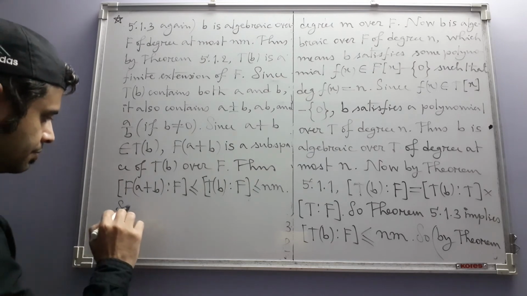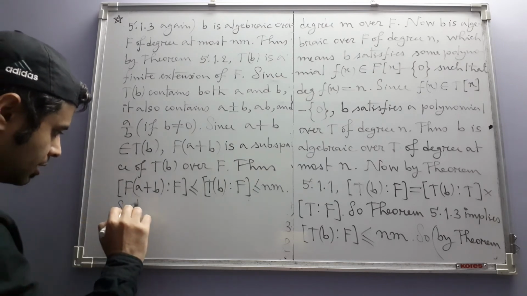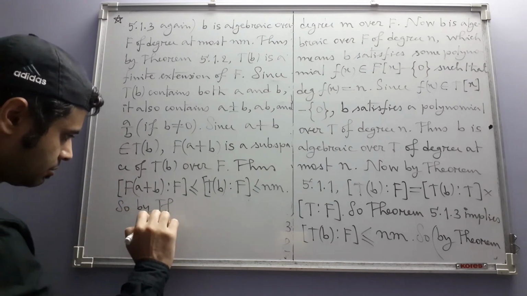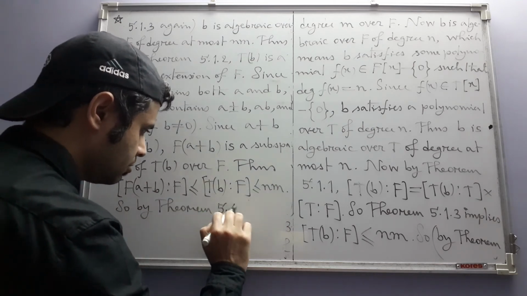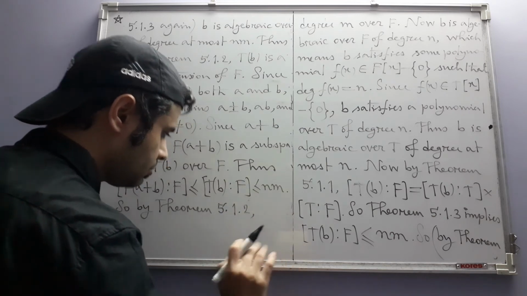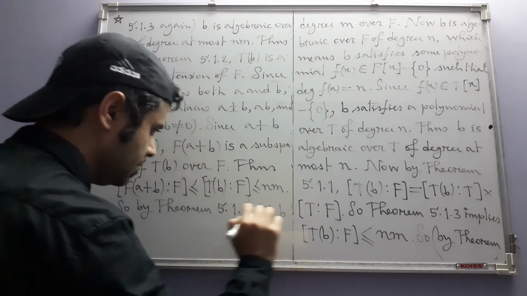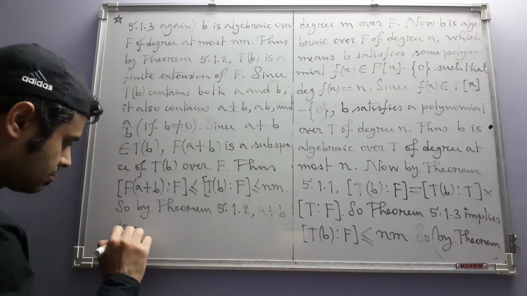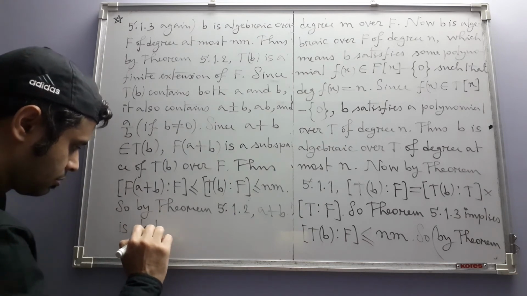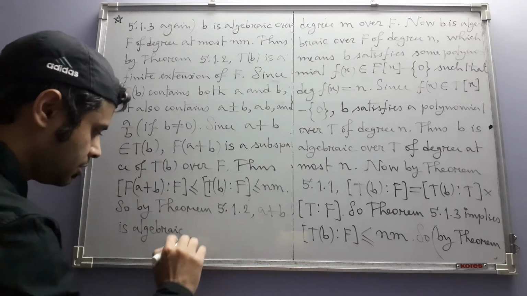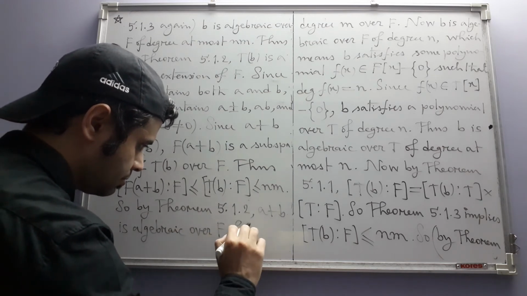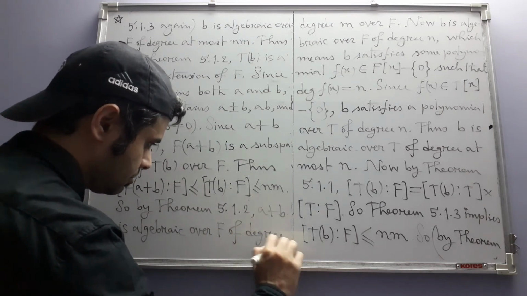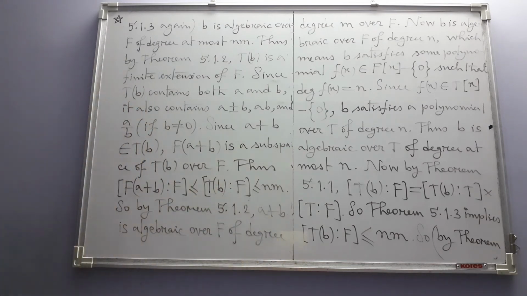So, by theorem 5.12, A plus B is algebraic over F of degree at most nm.